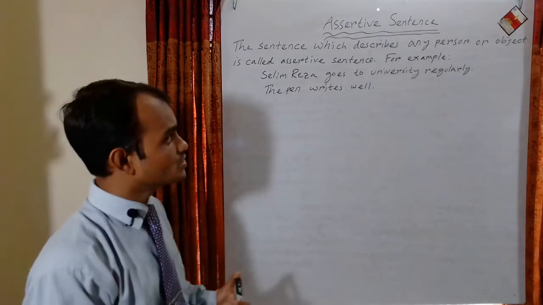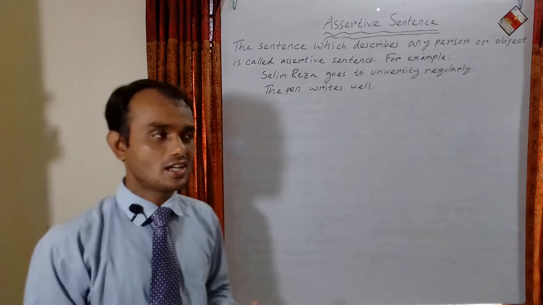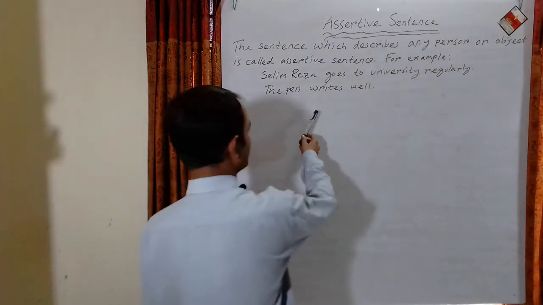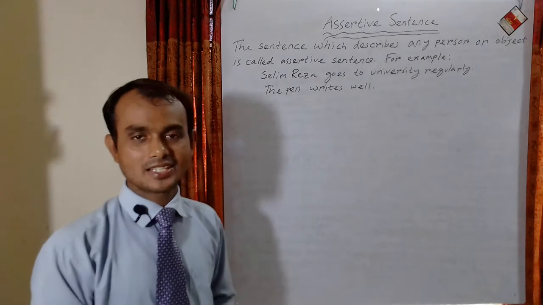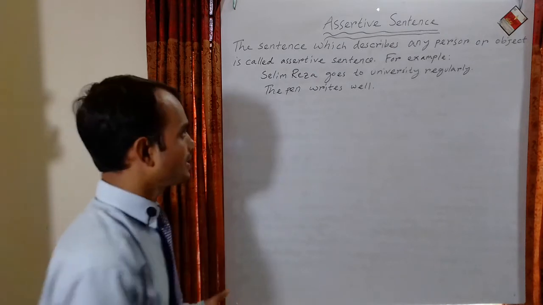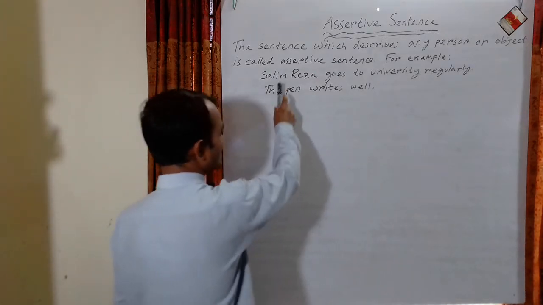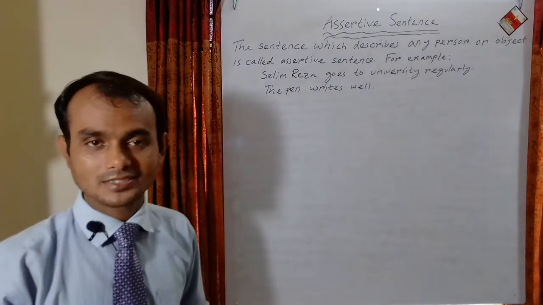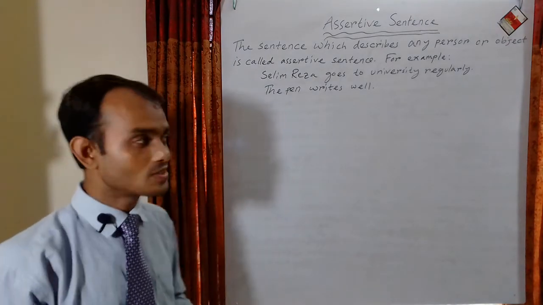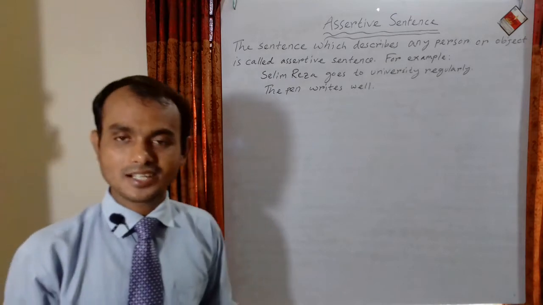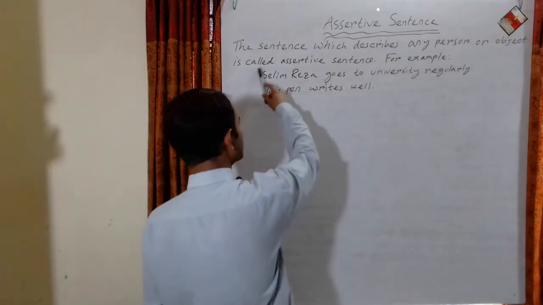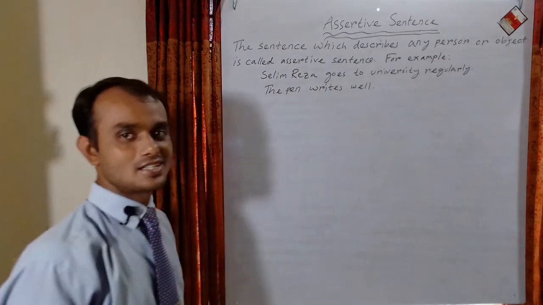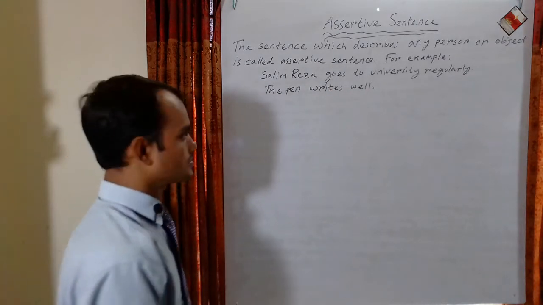From this sentence we find Salim Raja is the name of a person, and this sentence describes this person. For this reason, this sentence is assertive. So, this is an assertive sentence.